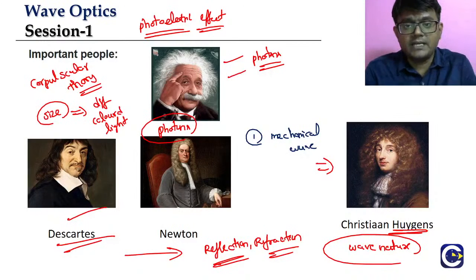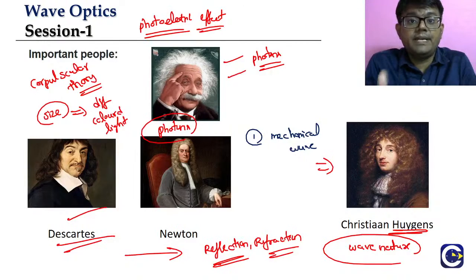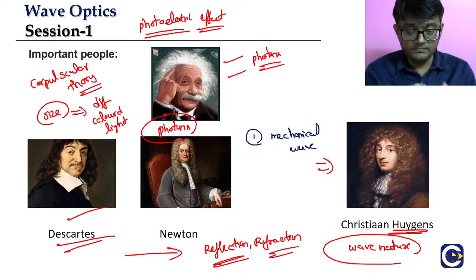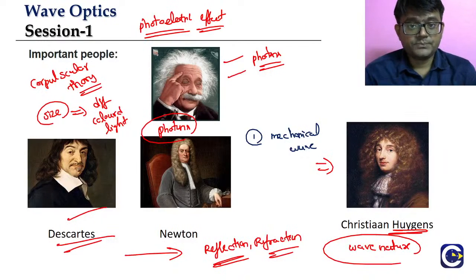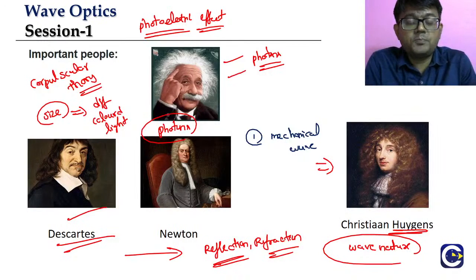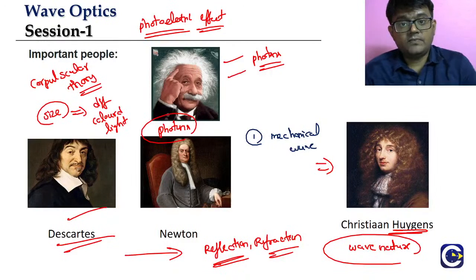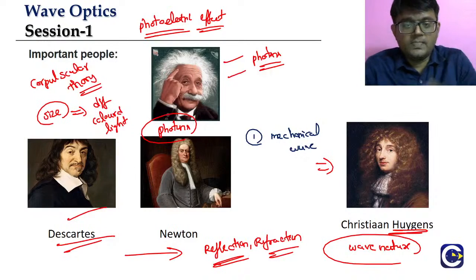At that time, the understanding of a wave without a medium was not established. That came very late. So the moment we say a wave, people would tend to think, how is it possible that if light is a wave, it is able to travel through vacuum, because light comes from the star.